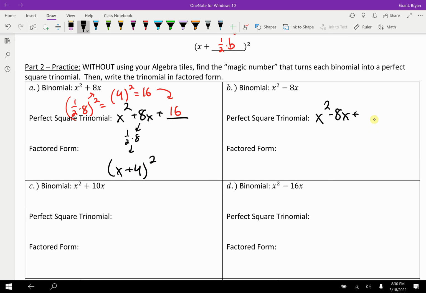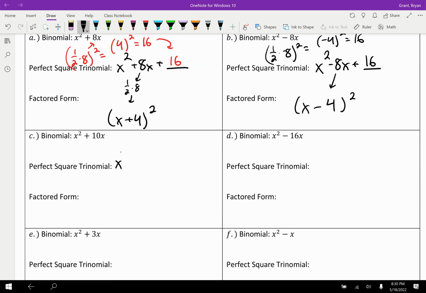x squared minus 8x plus what? Well, half of negative 8 is negative 4, and negative 4 squared is again 16. That's easy. And our factored form, well, half of negative 8 is negative 4. We do need negatives here. It's got to be different than this guy. And there's our factored form.